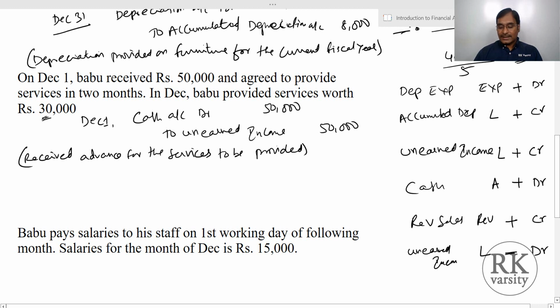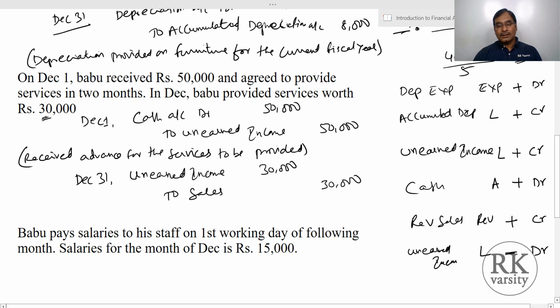So the transaction on December 31st will be: unearned income, that is you make an adjustment for this of rupees 30,000 to sales of rupees 30,000.